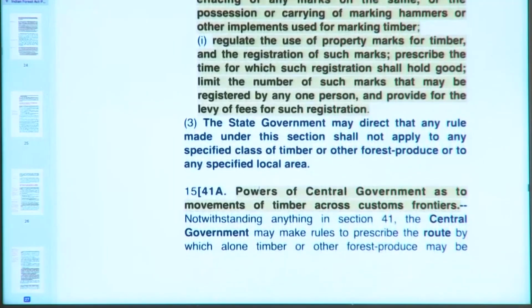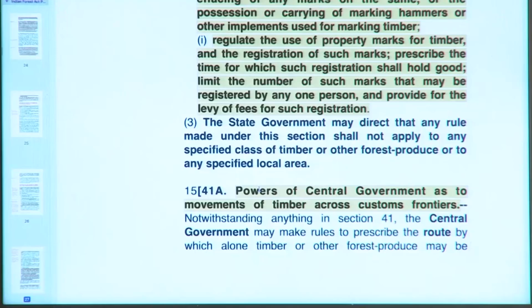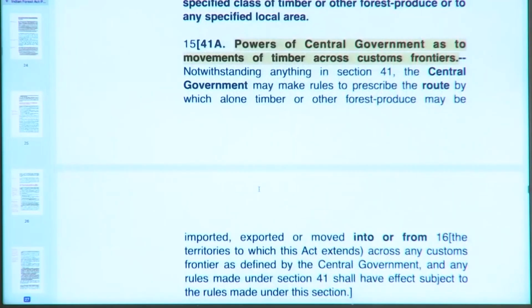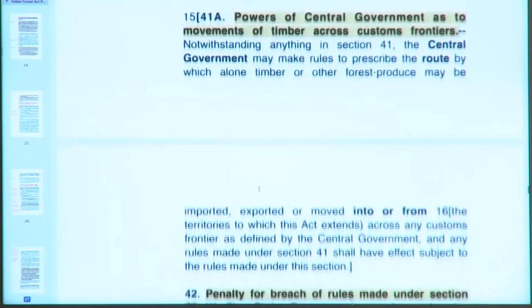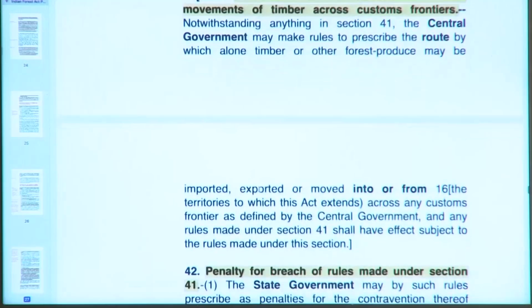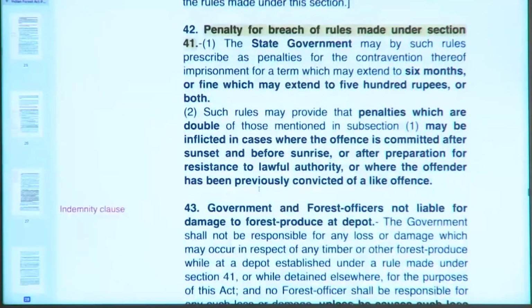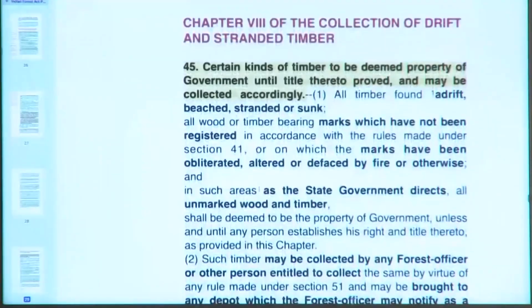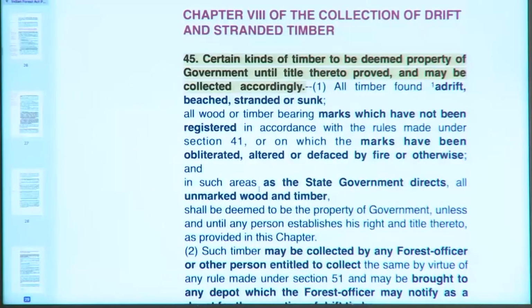There is also a provision of use of property marks, which we generally refer to as hammers, and then you have the powers of the central government over the movement of timber across custom frontiers, and penalty for the breach of rules. Then drift and stranded timber are also government property.